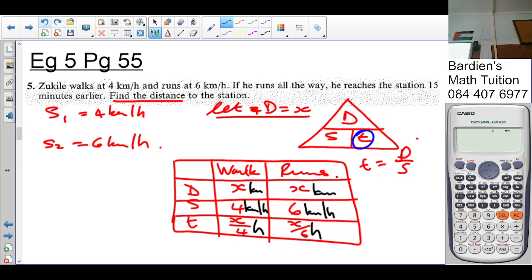Alright. So now let's read the question again. Zucchini walks at 4 kilometers per hour, runs at 6 kilometers per hour. If he runs all the way, he reaches the station 15 minutes earlier.